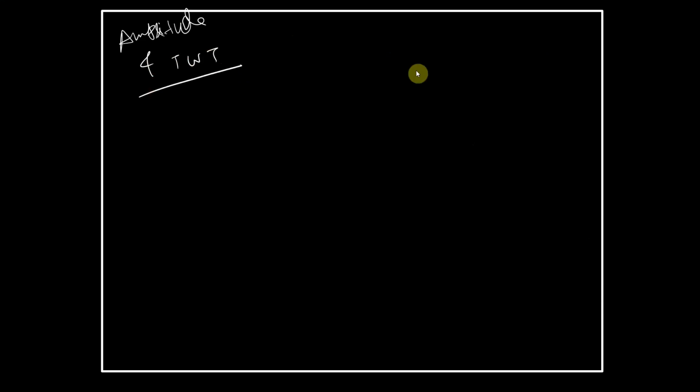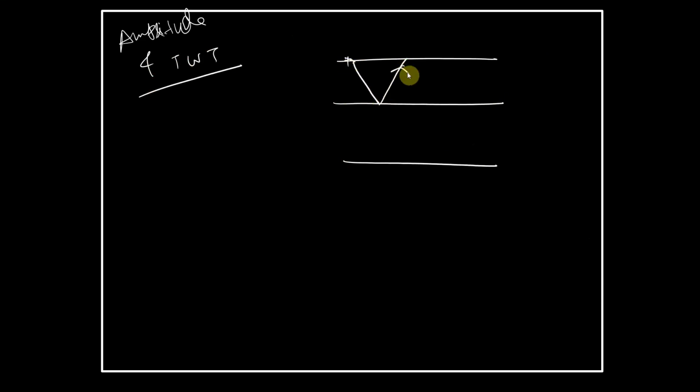So what do I mean by two-way travel time? Suppose this is layer 1 and this is layer 2. The transmitter is transmitting this GPR signal and it gets reflected from here. So there are two different directions of travel. One is reaching this boundary, another is reflecting from this boundary. So that's why it's called two-way travel time.